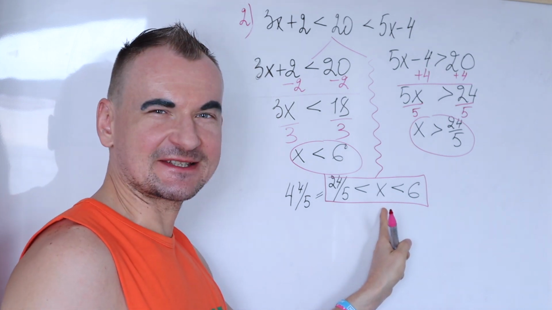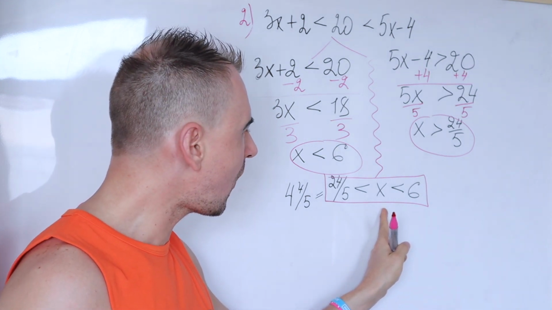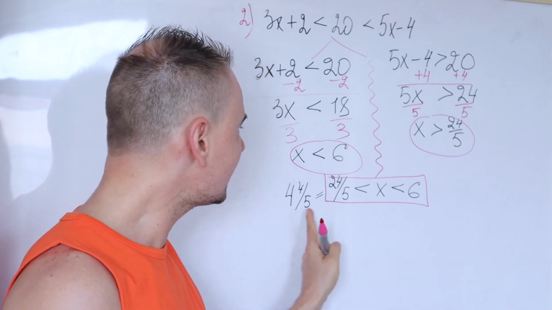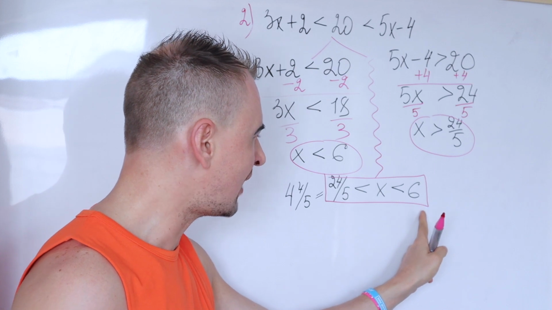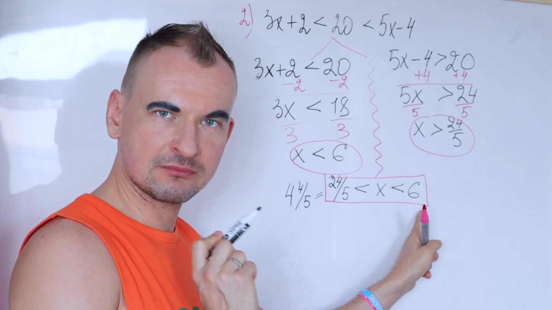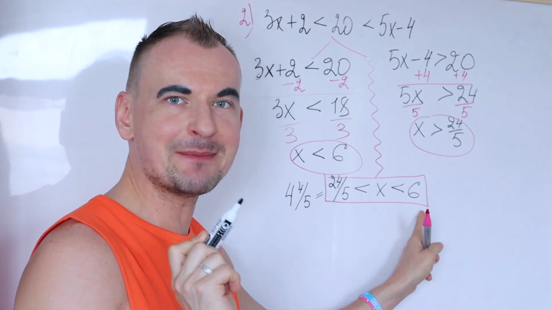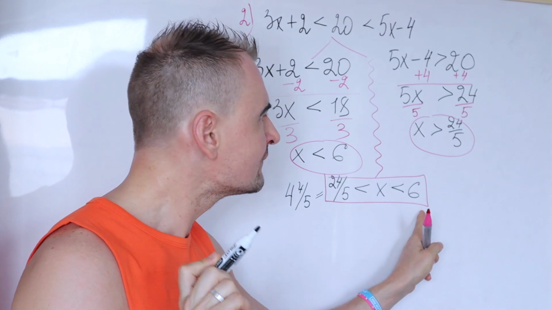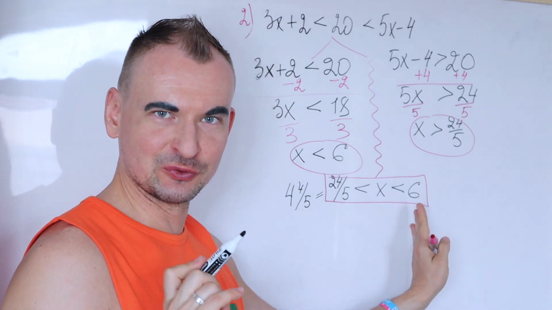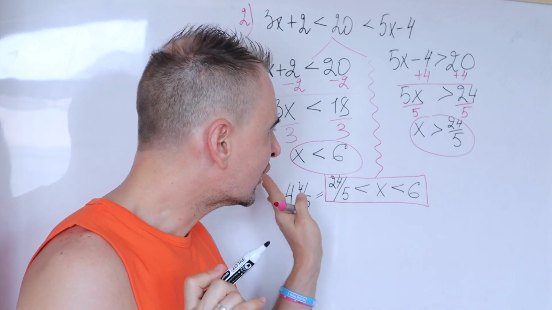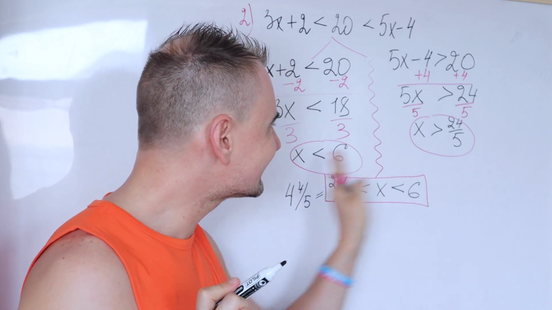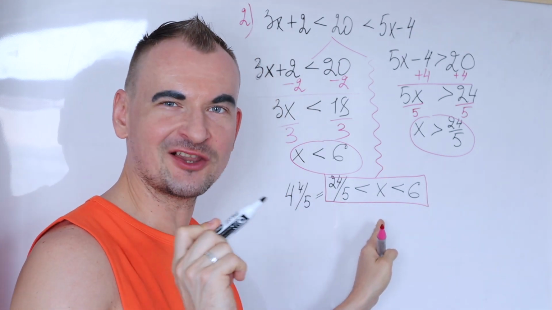Look at this axis. All your real x values lie between that number and this number. Generally speaking, there are infinitely many real solutions. So the solution set is made up of all these real numbers.